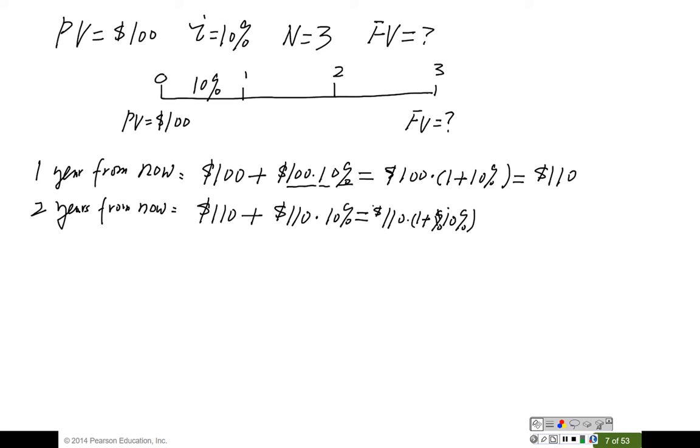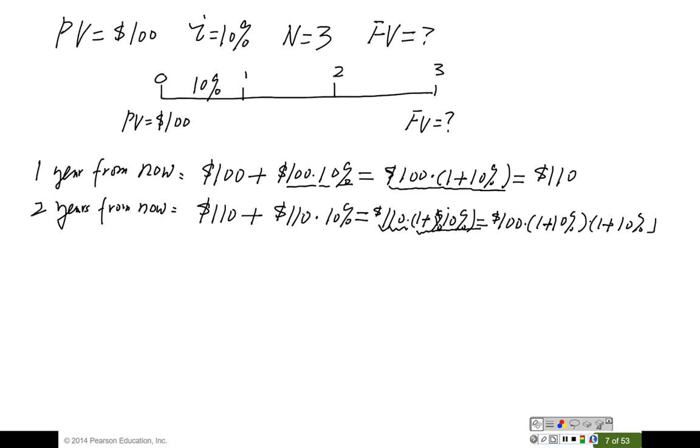But if you look at this equation carefully, we know 110 can be calculated by this formula. So why not substitute 110 with this equation here? So 110 equals 100 times 1 plus 10%. Remember, we also have the other part of the equation here, times 1 plus 10%.